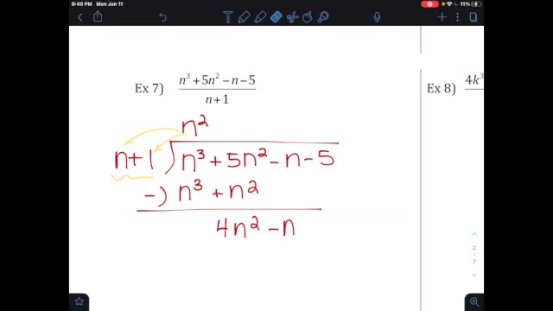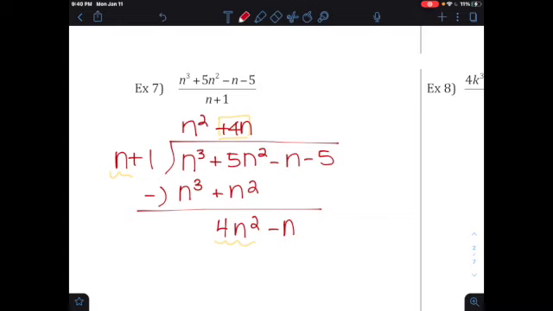By doing that, we are bringing down the n, and then taking a look at the second DDS. The second DDS is n right here times what gives you 4n squared. So n times 4n is n squared, so you're going to need plus 4n.